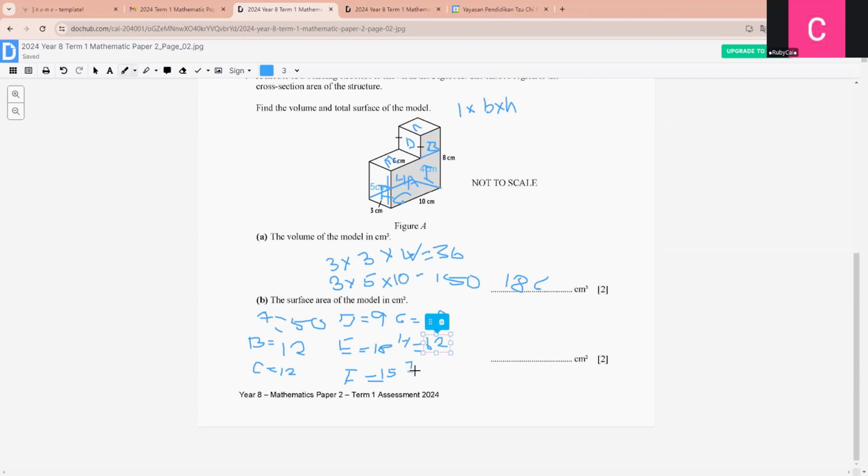And I equals 3 cm multiplied by 8 cm, so 24. And when we add all these numbers together, we get 232 cm squared.